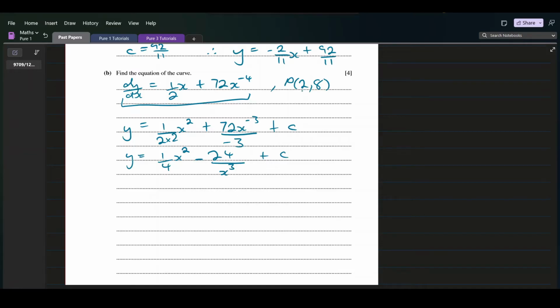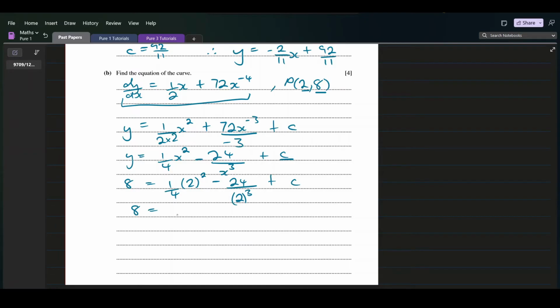Now let's substitute x equals 2 and y equals 8 into this equation so that we can evaluate c. So y will be 8, and this is a quarter times 2 squared minus 24 over x cubed, which is 2 cubed, plus our constant.